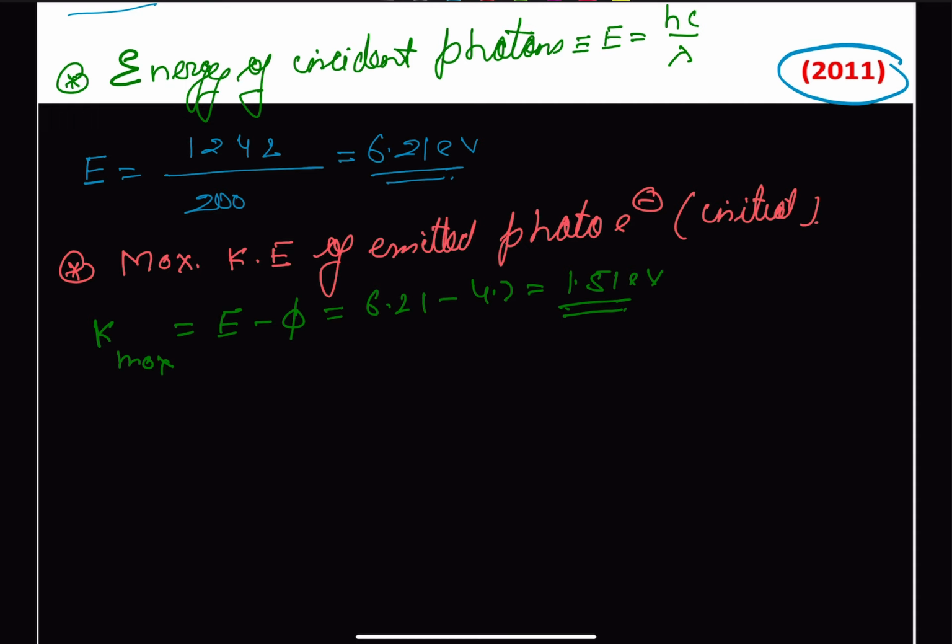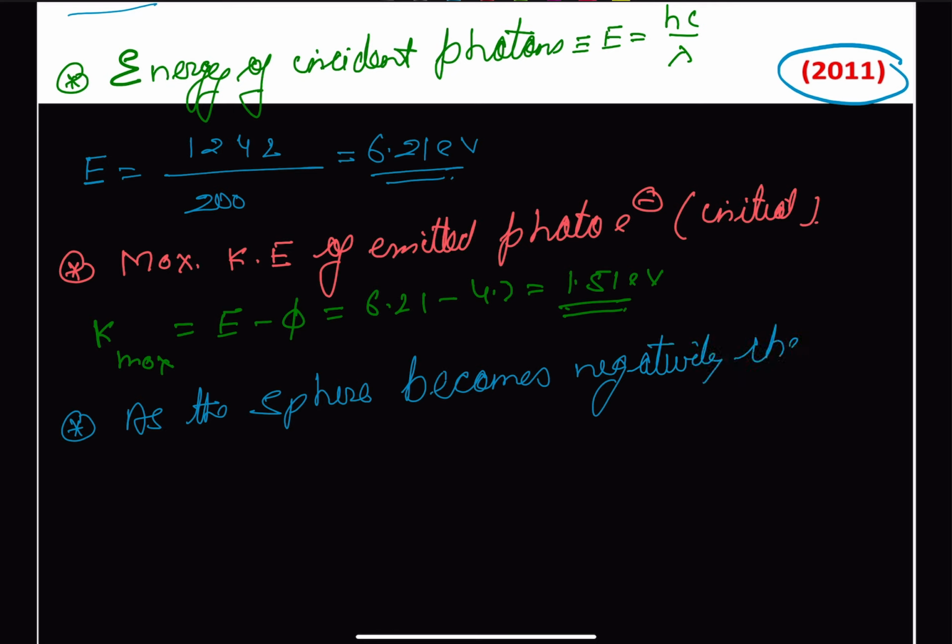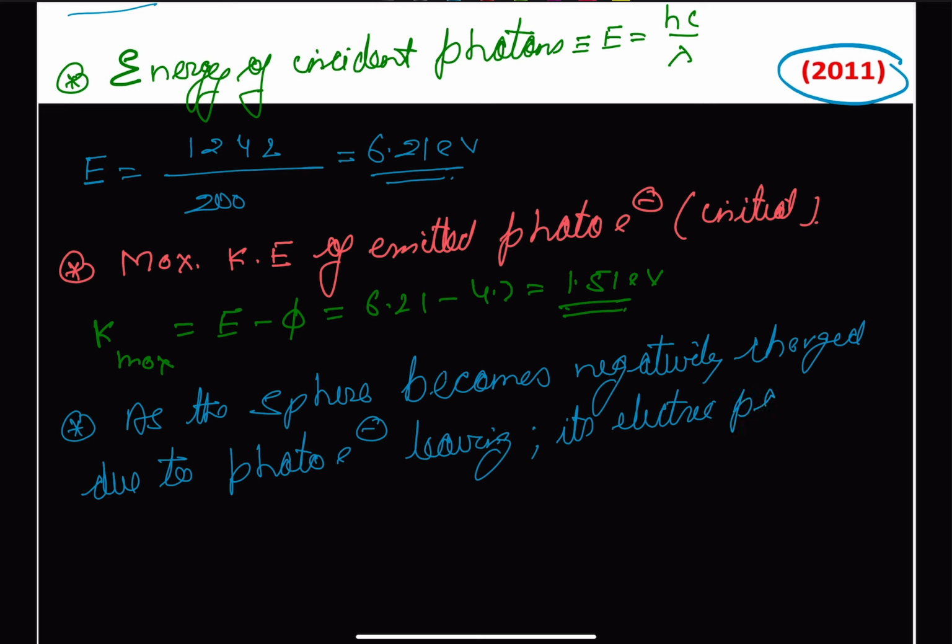Therefore we can say that as the sphere becomes negatively charged due to photoelectrons leaving, its electric potential increases.